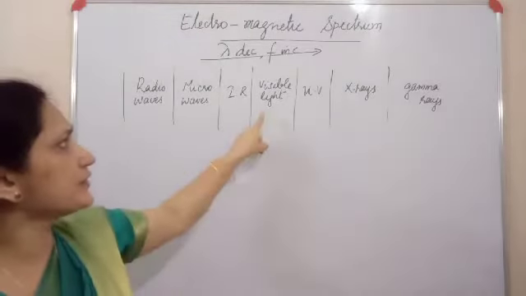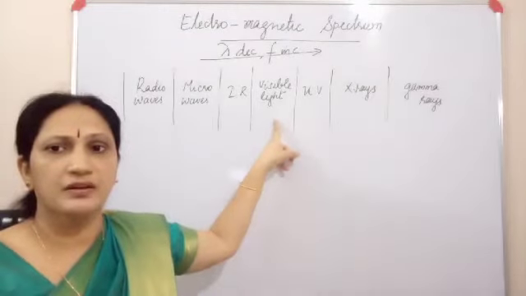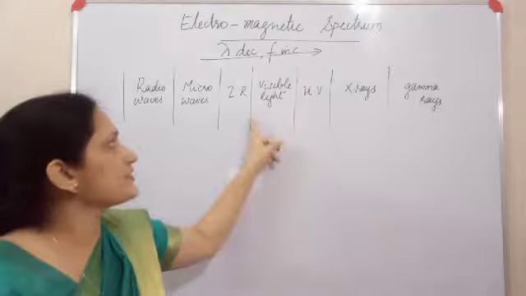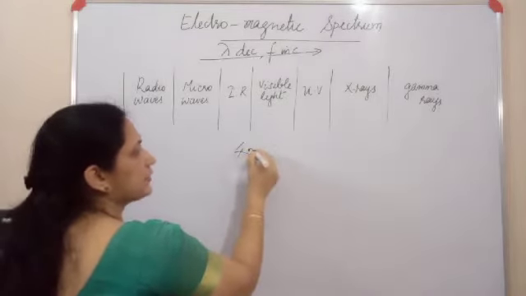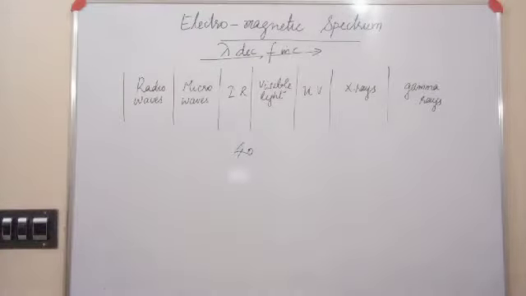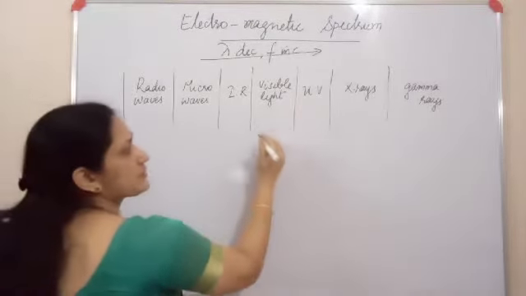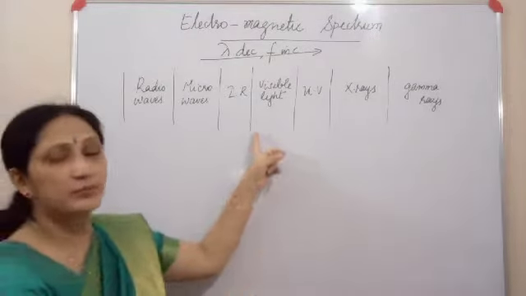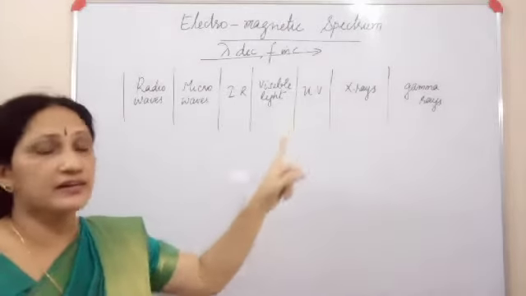Out of these, the middle one you can see is visible light. That is the light with which we are able to see objects. Its wavelength range I discussed in the previous video. It is from 4000 angstrom to 8000 angstrom. This visible light has 7 colors, VIBGYOR, in the order of decreasing wavelength.